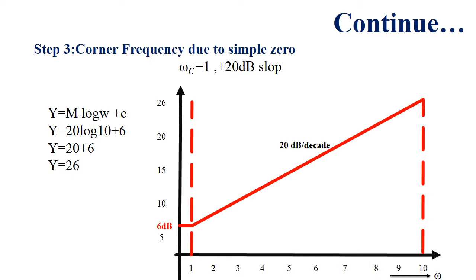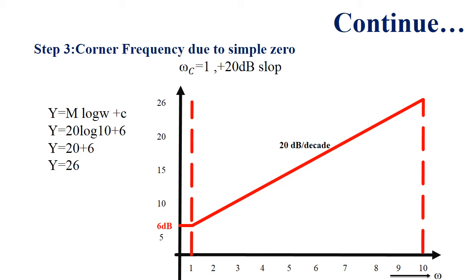The third step is determination of the corner frequency due to simple zeros. If a simple zero occurs in the open loop transfer function, then a 20 dB slope will be represented on the Bode plot. To find the value of y, we have to use the formula y equals m log w plus c.